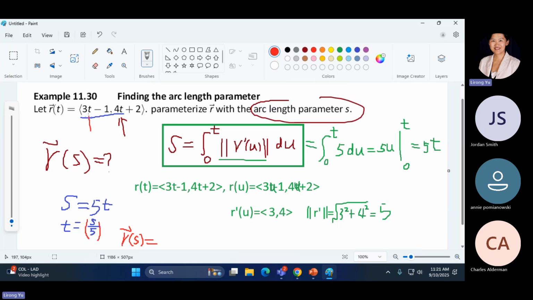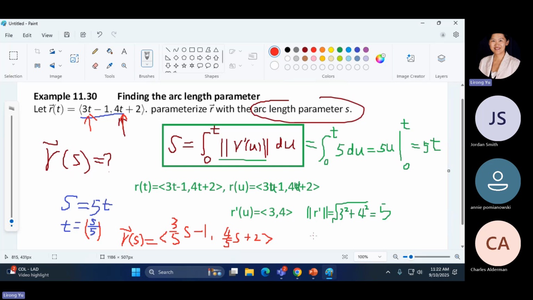So those t are replaced by s over 5. So it looks like 3 times s over 5, that is 3 over 5 s minus 1, and then 4 times s over 5, so 4 over 5 s, and then plus 2.